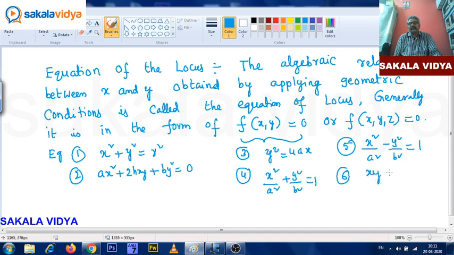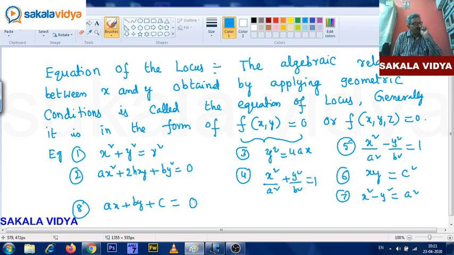Also xy is equal to c square and x square minus y square is equal to a square, or even a straight line, ax plus by plus c is equal to 0. All are examples for the equation of the locus.